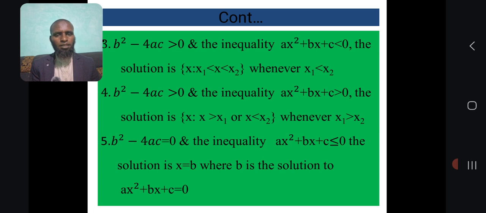And lastly, b squared minus 4ac equals 0 and the inequality x squared plus bx plus c less than or equal to 0. The solution is x equals b, where b is the solution to x squared plus bx plus c equals 0.